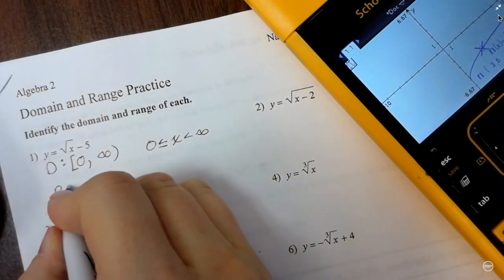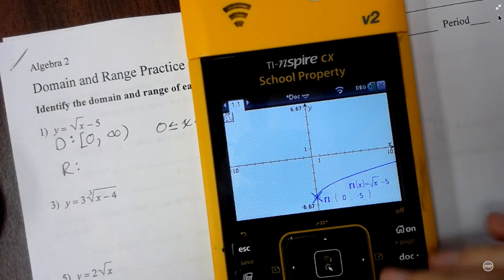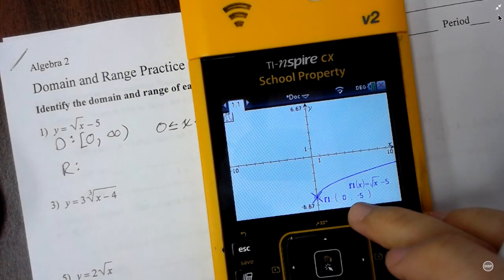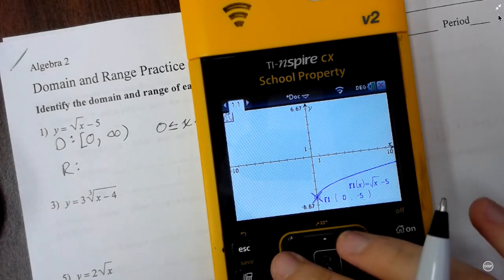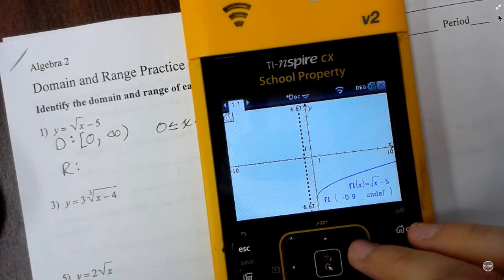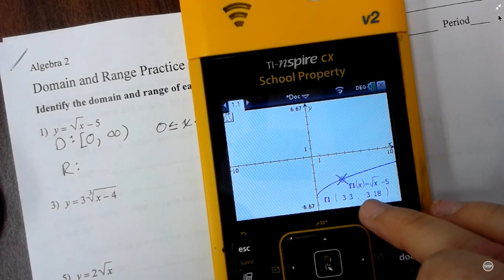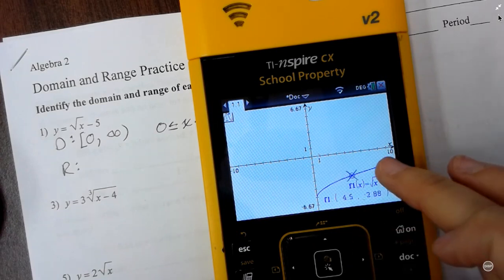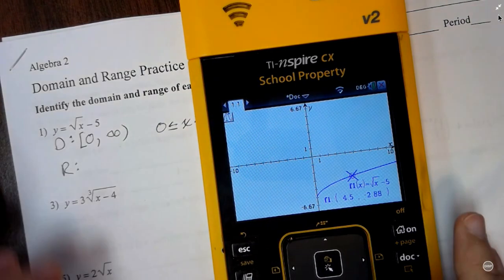And then my range, so my lowest y value is negative 5. If I try to go beyond that, it's not there. There's nothing beyond that. So from negative 5, and then it goes up. So the y values are going up. And it's going to keep gradually going up as the graph continues.